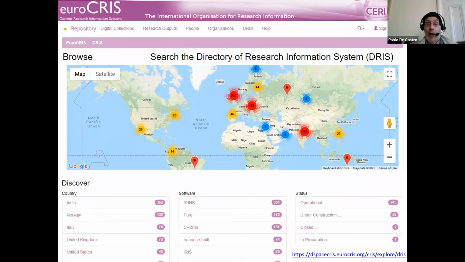So one key area of work for Eurocris is to map the landscape. This I'm showing on the slide is the Directory of Research Information Systems, or DRIS, which aims to collect records for each and every CRIS system operating out there, anywhere in the world. You can see the snapshot is strongly concentrated in Europe, but the number of CRIS systems available in India is also massive.